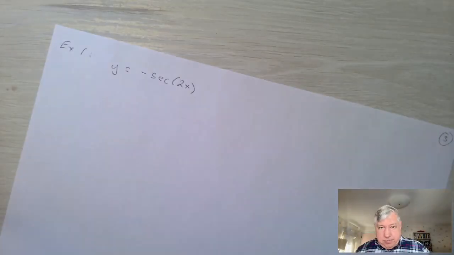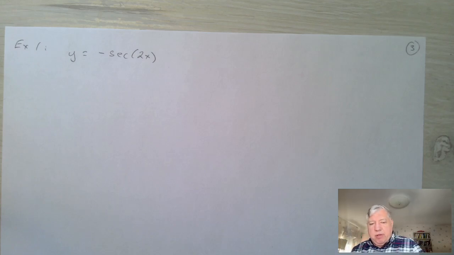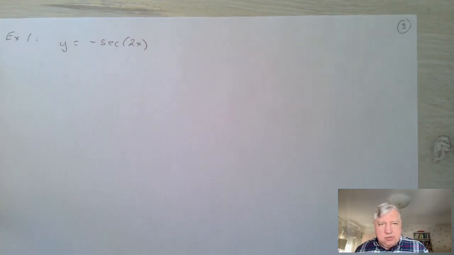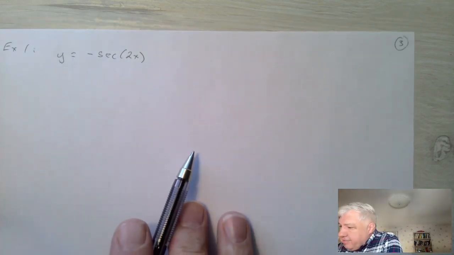In this first case, when we're graphing y equals minus secant of 2x, we really just want to find the period, the vertical asymptotes, and maybe we can find the range of this if it's different, and it will be in this case.